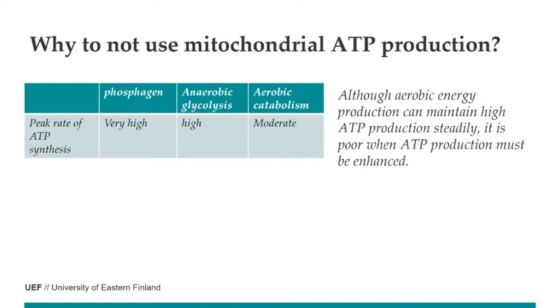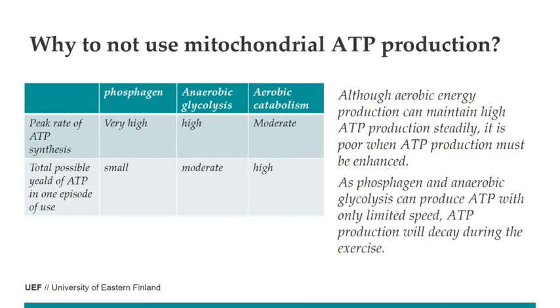But the problem is that they are not very good at sustaining ATP concentration because they have very limited capacity. With glycolysis, you can produce only 2 ATP per glucose molecule, and that's not enough for these contraction machines.